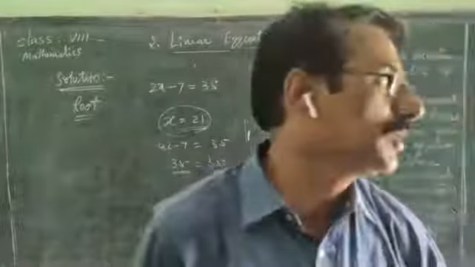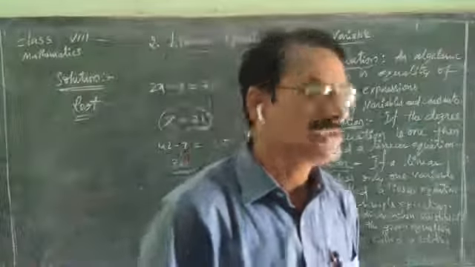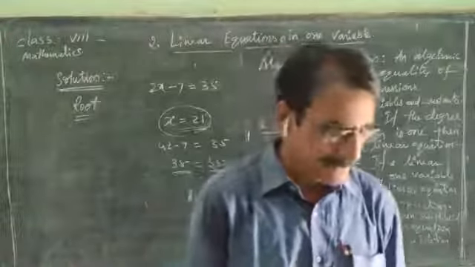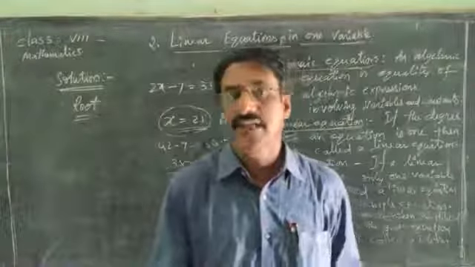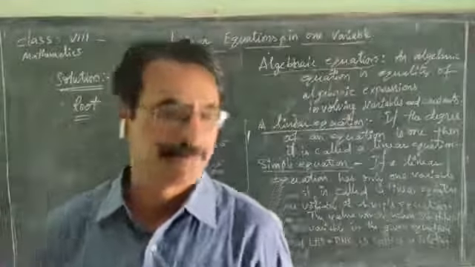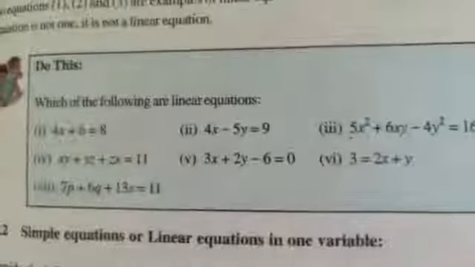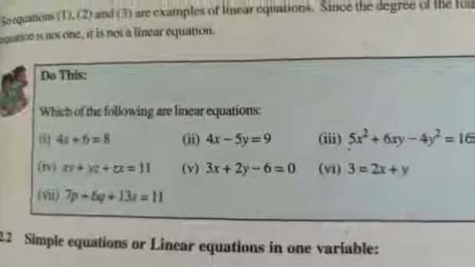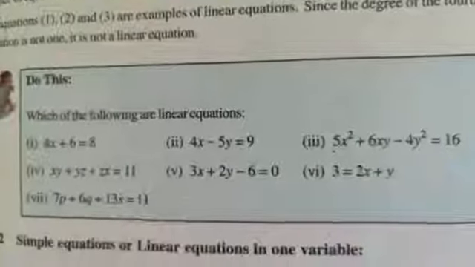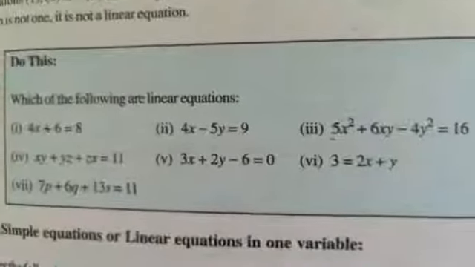Now I am going to show some sums and whether they are linear equations or not. You try to see them. In this, page number 35, some equations are given to you.